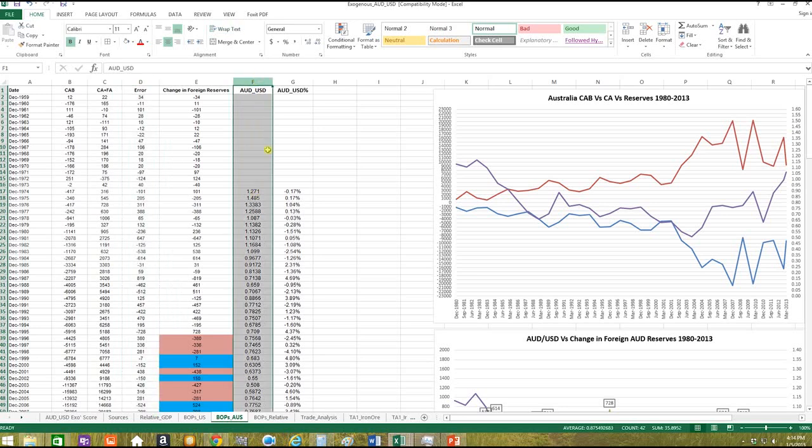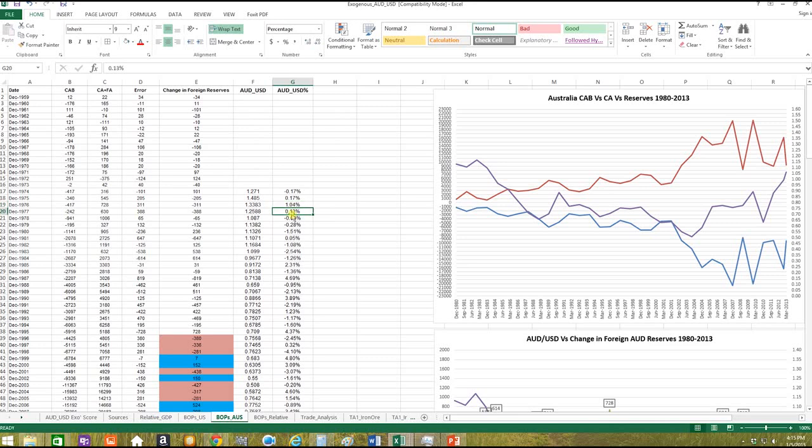What we also have here, going back to 1974, is the annual percentage change in the Aussie dollar US dollar exchange rate. You can see we're looking at obviously a very long time frame in trading terms. We're looking at essentially 1 year volatility.